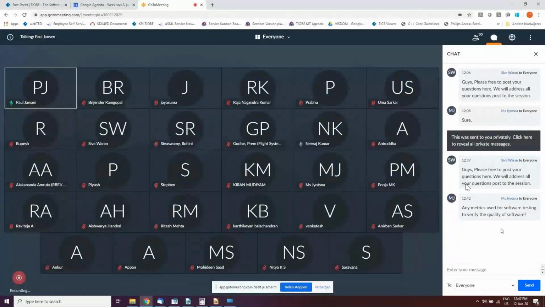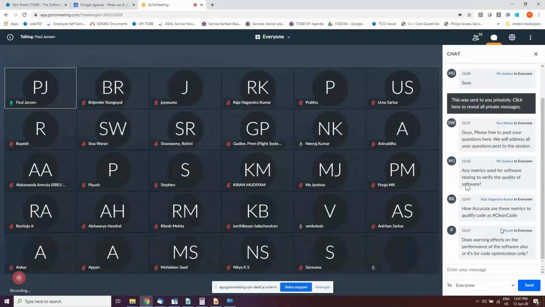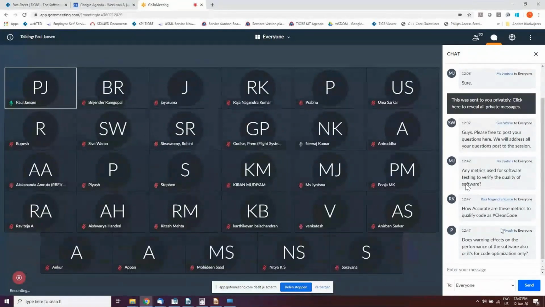But apart from that, there are other metrics that also have to do with testing. For instance, you can also take the number of succeeded tests. So if, let's say, you have 100 tests and 2 fail, then you have 98% of tests succeeded. That's another software metric that you can use.